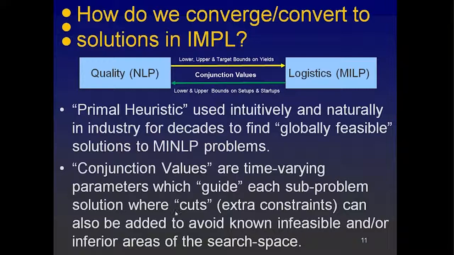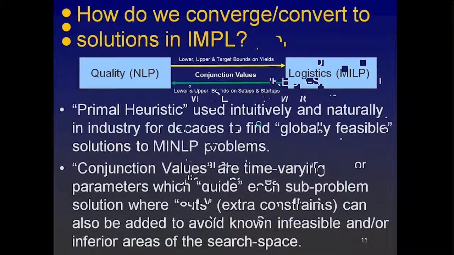Between each solution of the NLP and the MILP, to cut off infeasible regions or parts of the search space that you don't want, one technique you can do is to add extra constraints, or in mathematical programming terminology, we call these cuts. So you can do stuff like that. That would be basically extending conjunction values with conjunction constraints, so to speak.